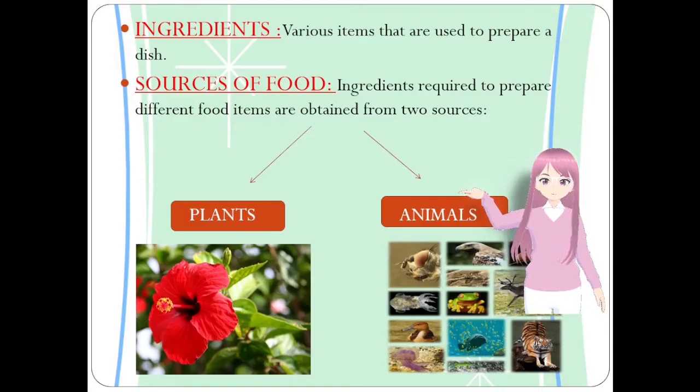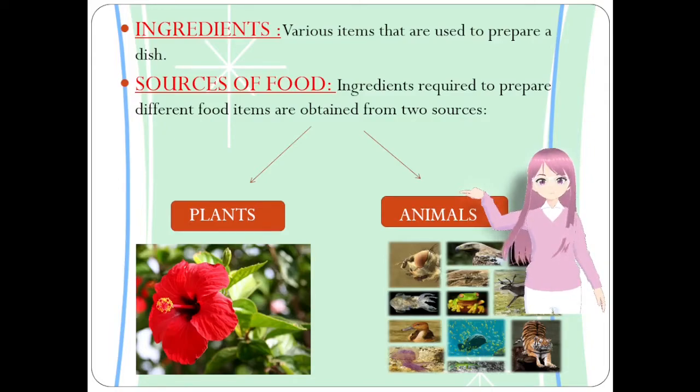Like for example, in Jammu and Kashmir, people eat meat, vegetables, and because it's really cold out there, they drink kahwa. So these are the food items which are specific to a particular state, which is Jammu and Kashmir. You can find out the food items that are famous in your state. Okay.